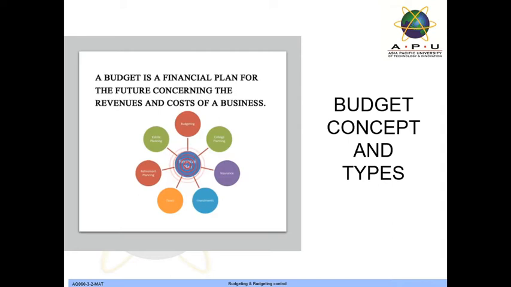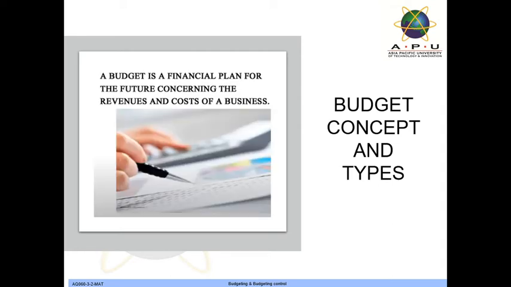Now let's start with the budget concept and the types of budget. What is budget? Budget is a financial plan for the future, concerning the revenue and cost of the business. Budgets for income and revenue expenditure are prepared in advance. Like I told you just now, before we enter the new month or new year, we already prepare the budget.